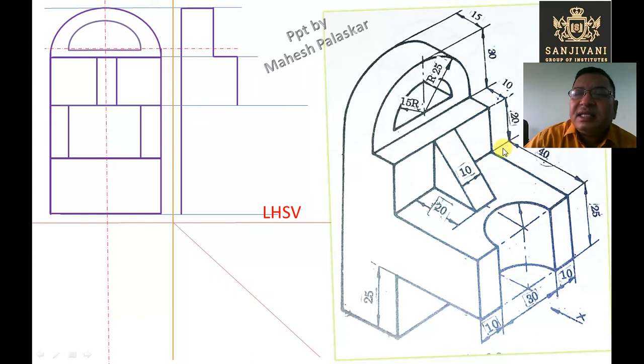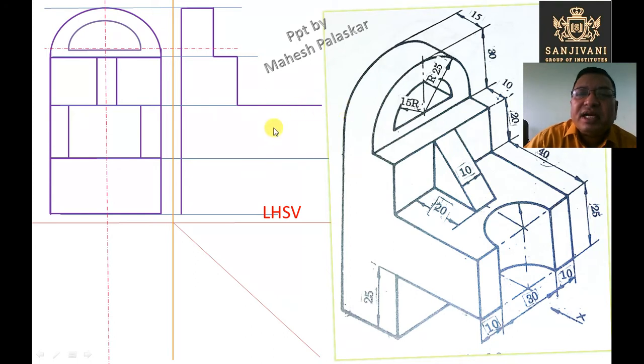Now we can see that this horizontal distance is 40 mm. So from this point we draw a horizontal line 40 mm long, okay? Now again let us draw the projector from here. After drawing this projector, we can draw a vertical line whose length is 25 mm, because this distance is 25 mm.